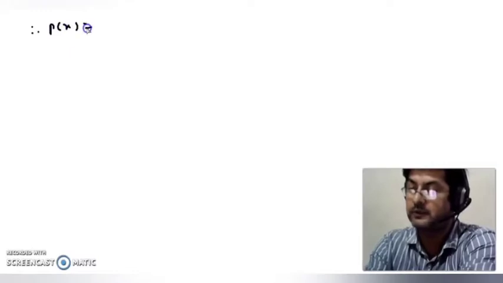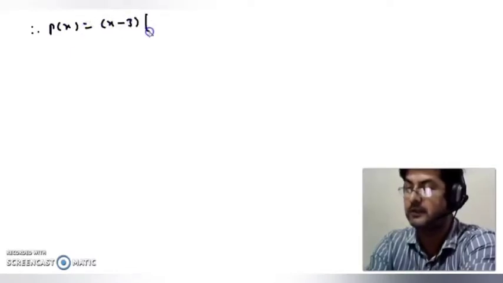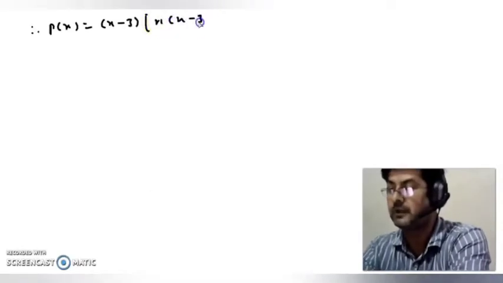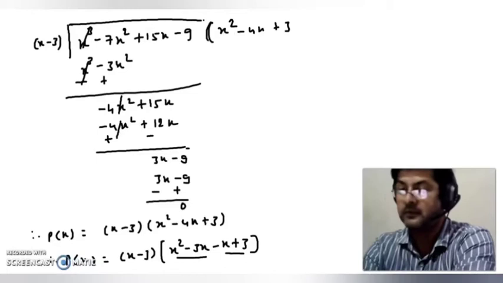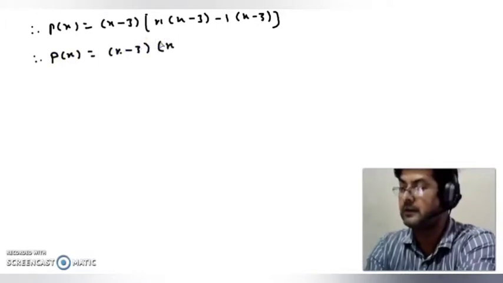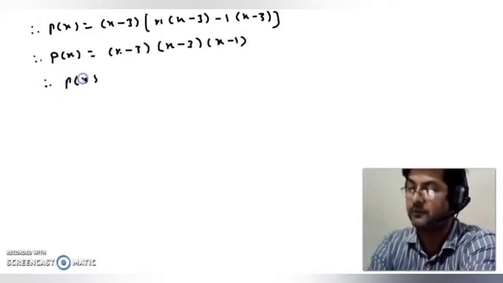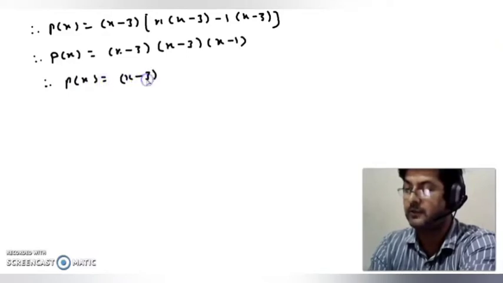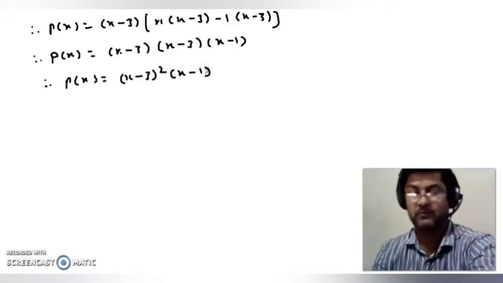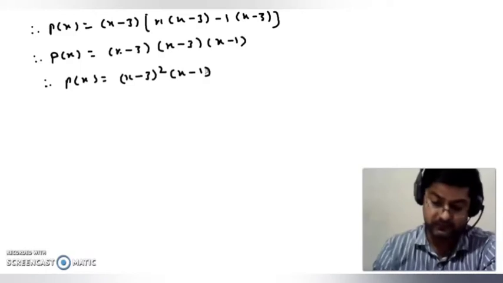Therefore p of x is equal to x minus 3 into x common x minus 3 minus 1 common x minus 3, and therefore p of x is equal to x minus 3 into x minus 1, and therefore p of x is equal to x minus 3 the whole square into x minus 1. So we have completed question number 5.